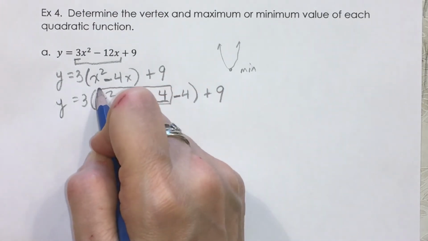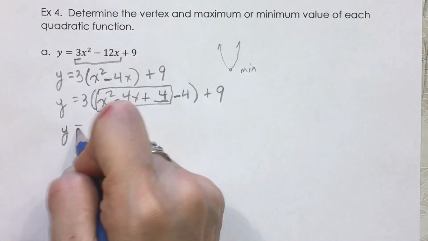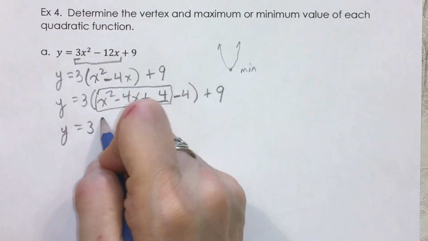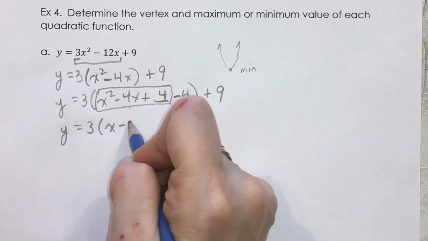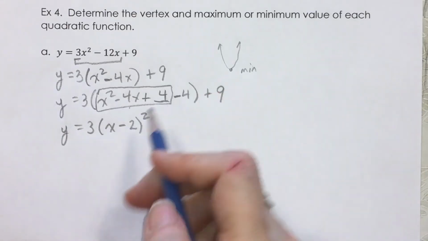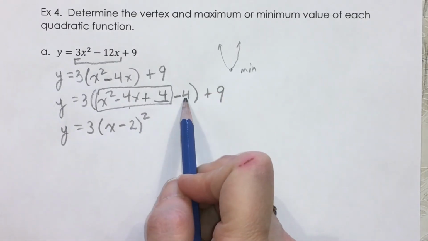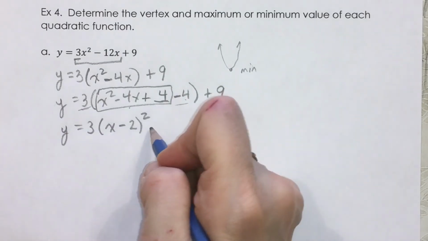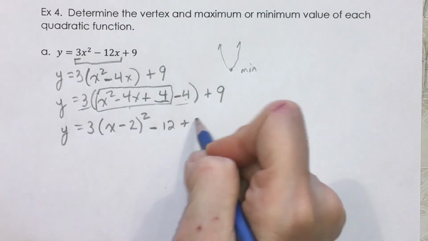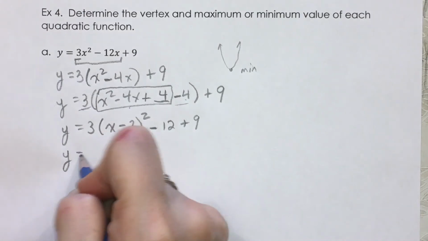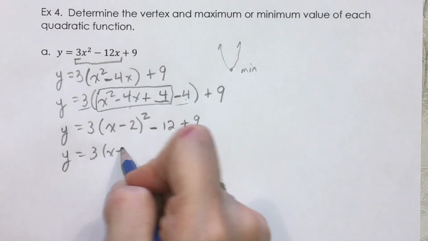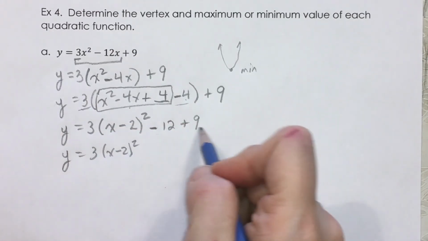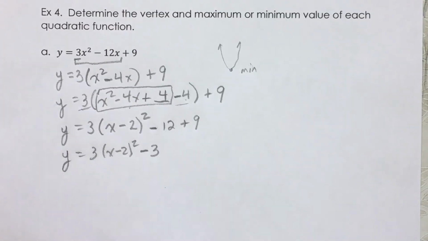And these first 3 terms inside the parentheses form your perfect square trinomial, which factors to give you x minus 2 all squared. To get the negative 4 out of the parentheses, I have to multiply it by 3. 3 times negative 4 is negative 12 plus 9. And negative 12 plus 9 is negative 3.